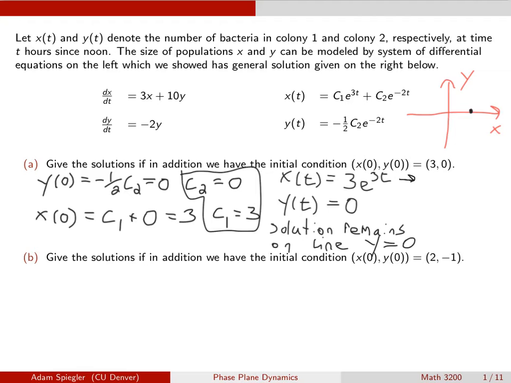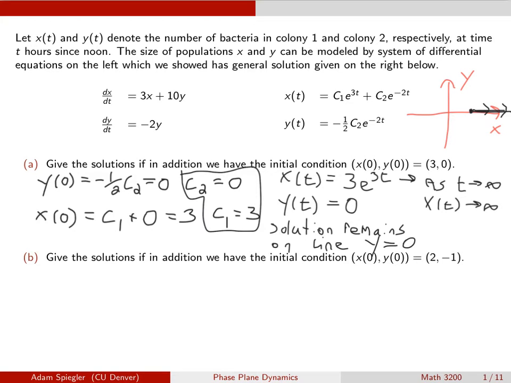And for this, we can see that as t goes to infinity, x of t is going to head towards infinity. So the solutions are going to head out in this direction over here. So I'm just going to put a little arrow along there. So if we start at 3, 0, we know that as time goes on, that solution is just going to head to the right along the x-axis.